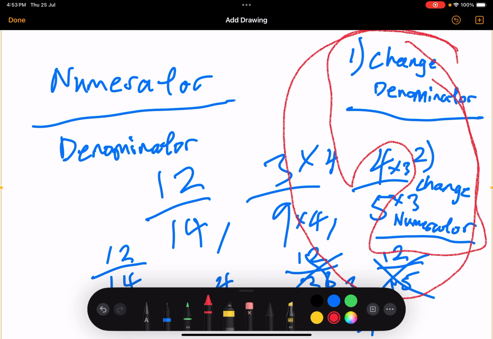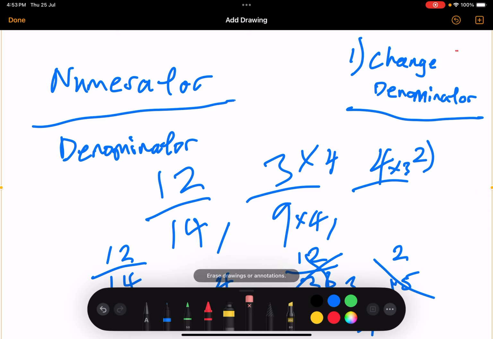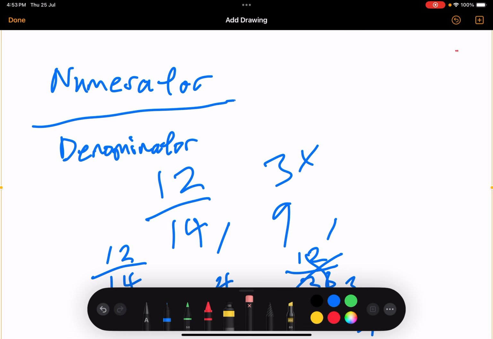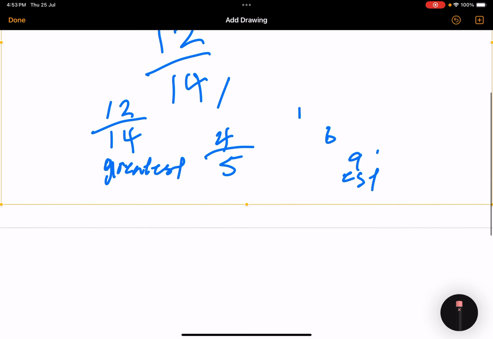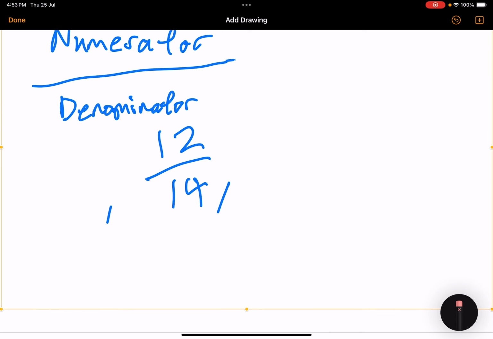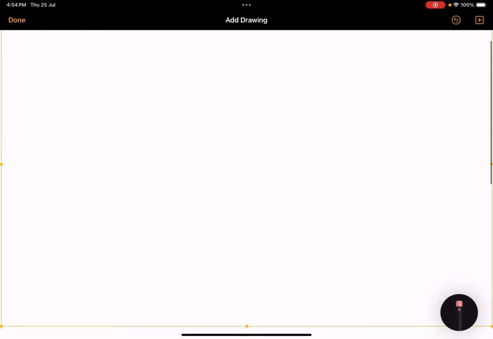Okay, you need to memorize these 2 for your exams, or if you don't have any exams this year, you still have to memorize this. Okay? Now, let's try something else.